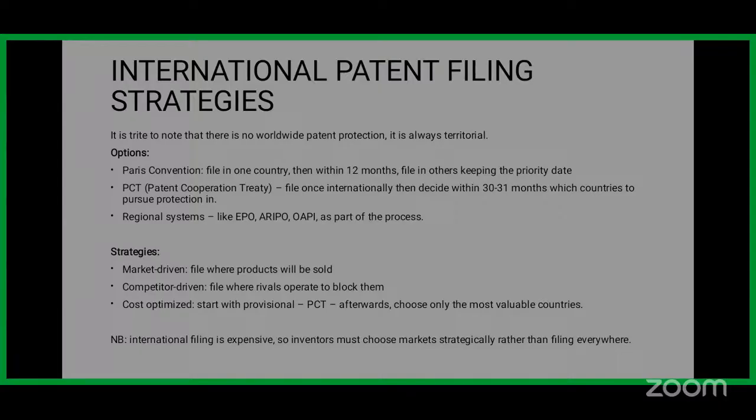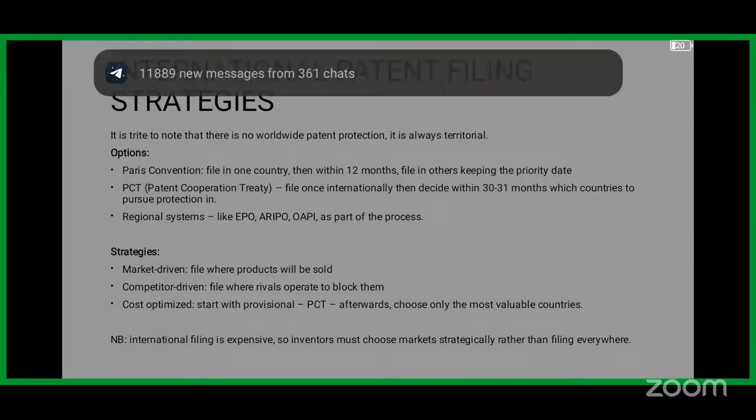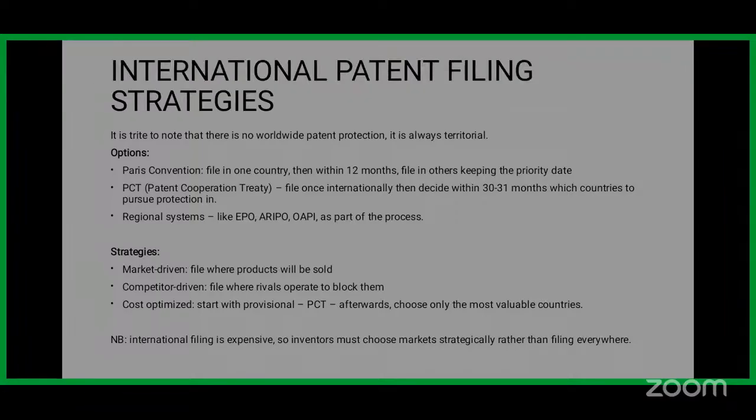You may not necessarily need to go to that country to file. Insofar as the country is a signatory to the PCT, you can just file internationally and then designate that country. Or if the country is not a member of the PCT, then you can go through the national filing. However, your invention must meet the requirements of the country. Otherwise, your invention may not be granted patent protection. The next slide, please.